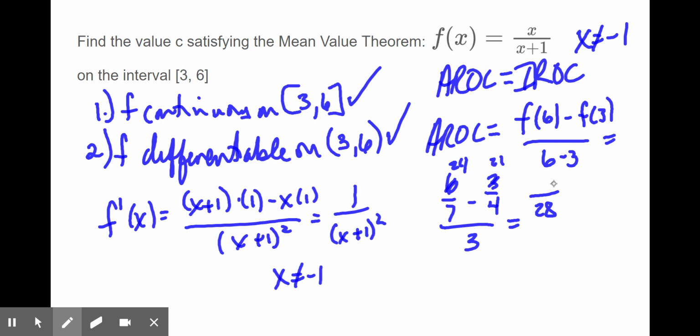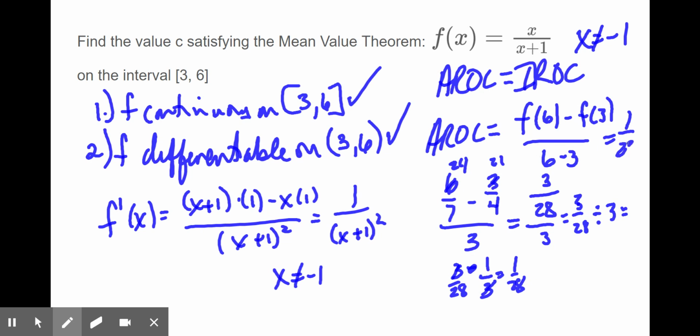So we have 3 over 28 over 3. Keep this, change the division, flip this over: 3 over 28 times 1 over 3. These cross out, 1 over 28. So the AROC is 1 over 28.